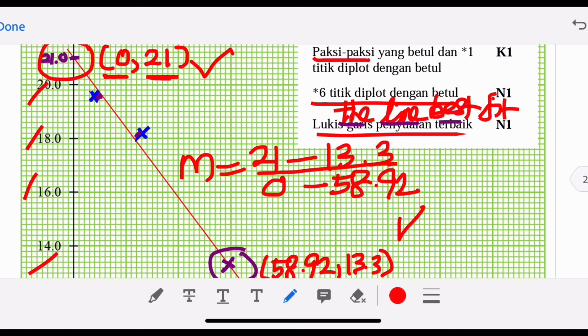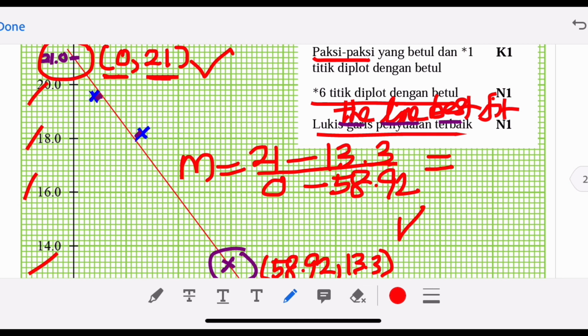And then if the line is going down, so the gradient should be positive, should be negative, right? Always use your common sense, double check. It should be negative. We try to write in 4 significant figures, so it's negative 0.13.